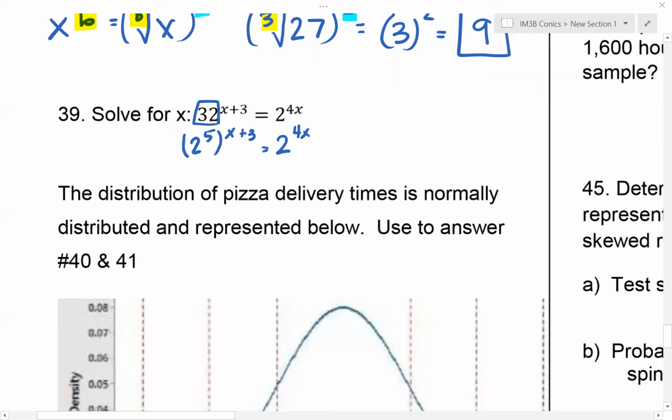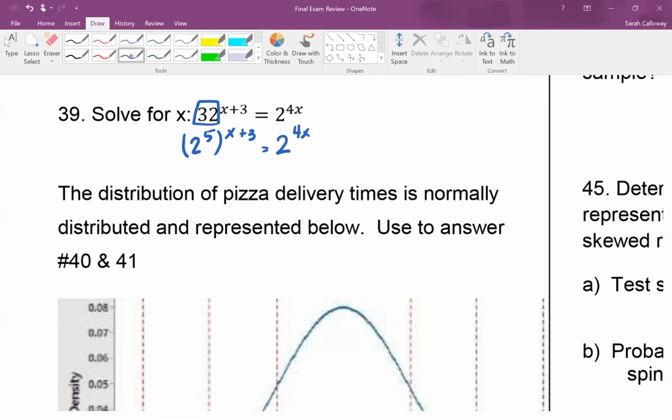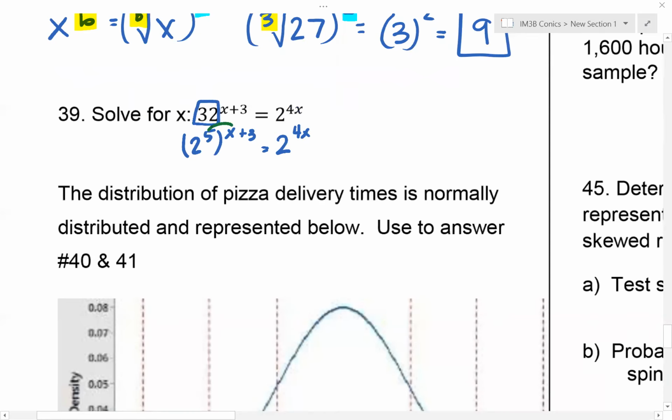And so what this means is when I have a power raised to a power, remember our rules tell us to multiply those values. So what this really is 2 to the 5x plus 15 equals 2 to the 4x.